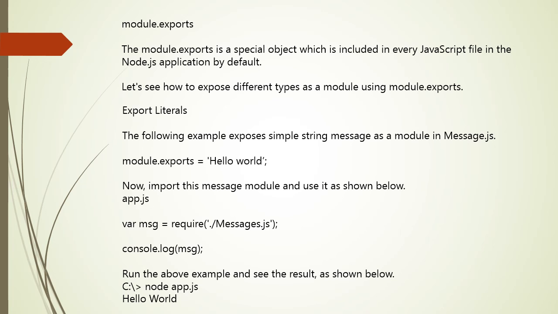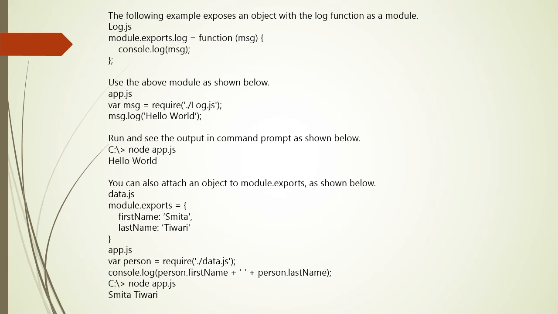You must specify ./ as a path of the root folder to import the local module. However, you do not need to specify the path to import Node.js core modules or npm modules in the require function.